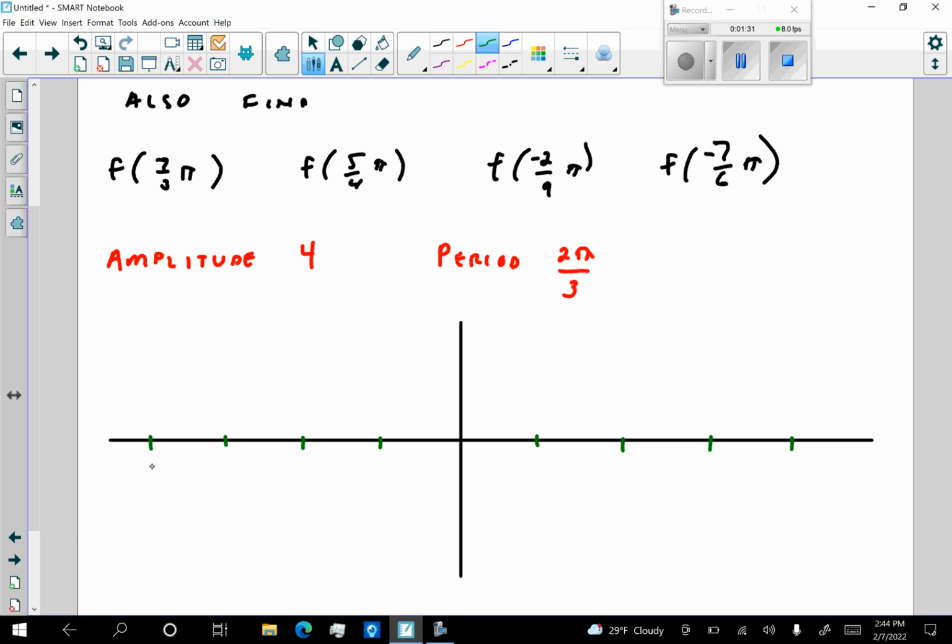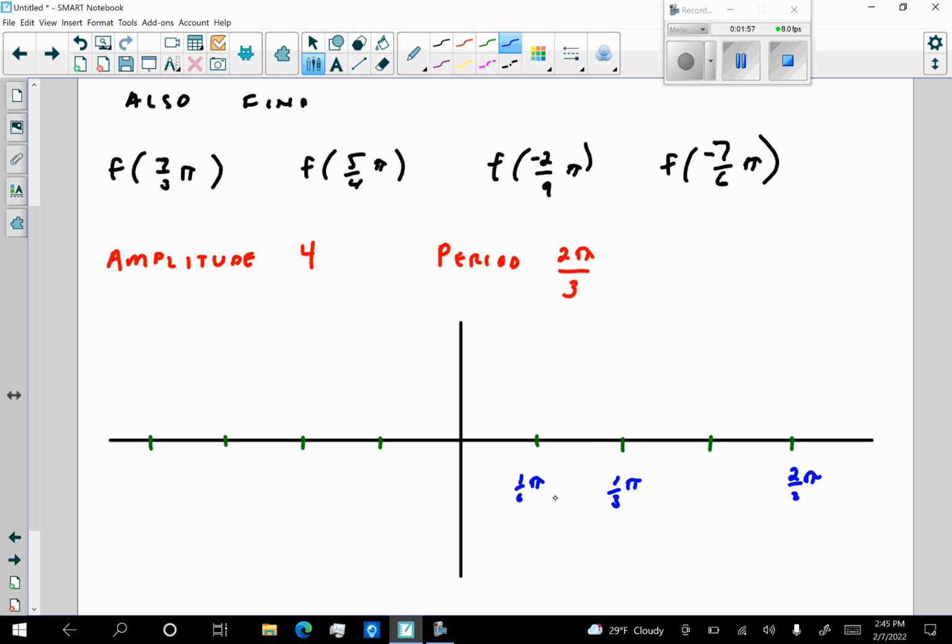And we're going to want at least one period to the right of the y-axis and one period to the left of the y-axis. So I know the period is 2/3 pi, so this is 2/3 pi. Half of 2 thirds is 1 third, so this is going to be 1/3 pi. Half of 1/3 is 1/6, so this is 1/6 pi.